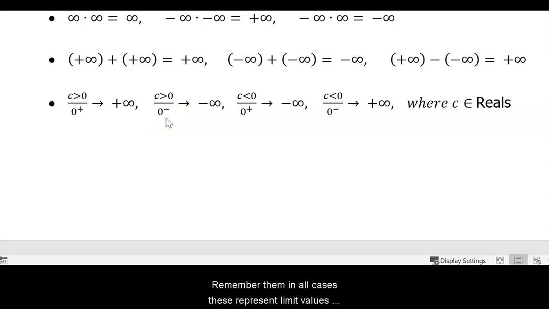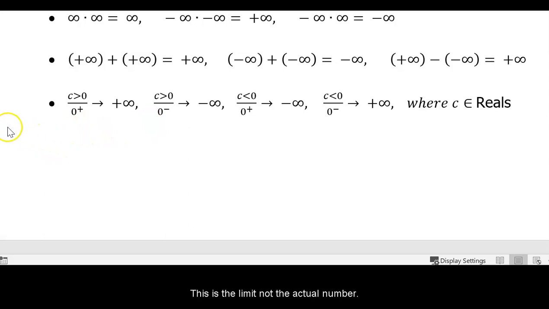Remember that in all cases, these represent limit values, not actual numbers. This is what the limit is approaching. We cannot have a real number where we actually divide by 0. This is the limit, not the actual number.